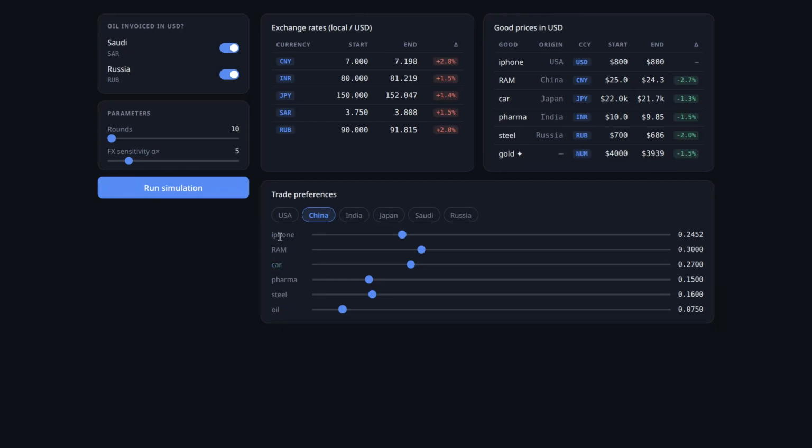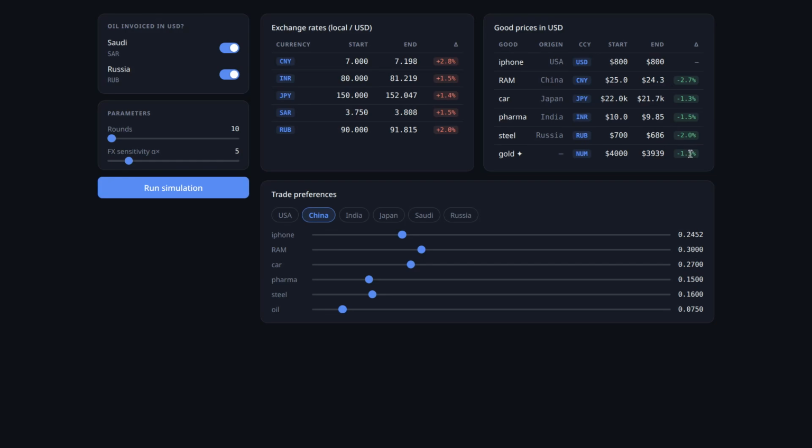Because the iPhone is produced by the United States, now the US dollar becomes stronger relative to other currencies. And what does that translate to in terms of the prices of goods in the United States? Well, everything becomes cheaper except local goods. Local goods remain the same, but everything that is foreign becomes cheaper.